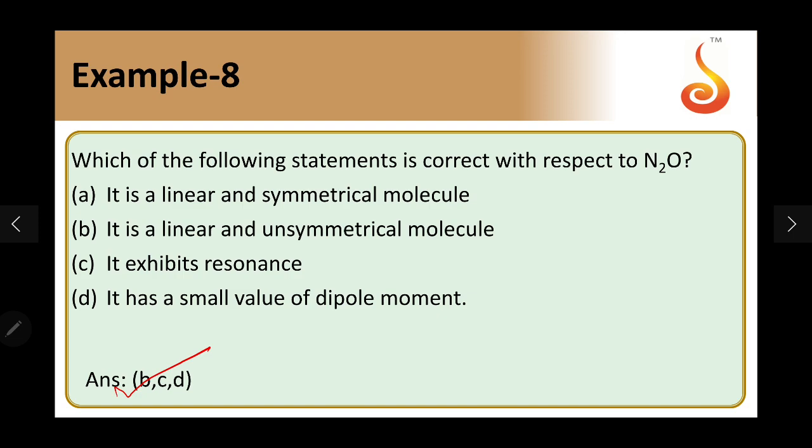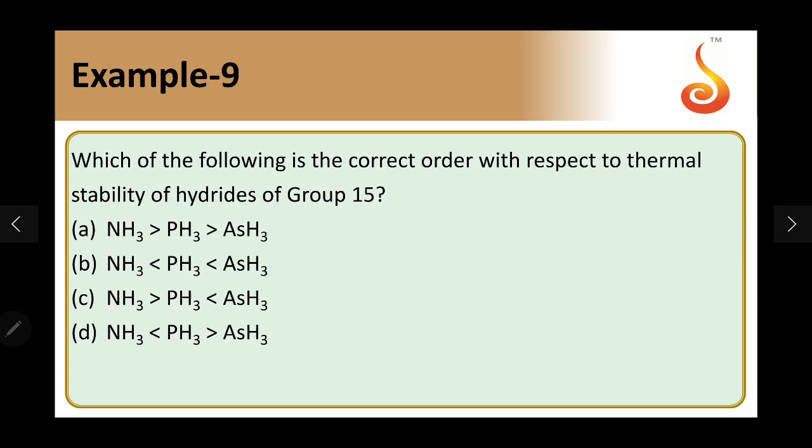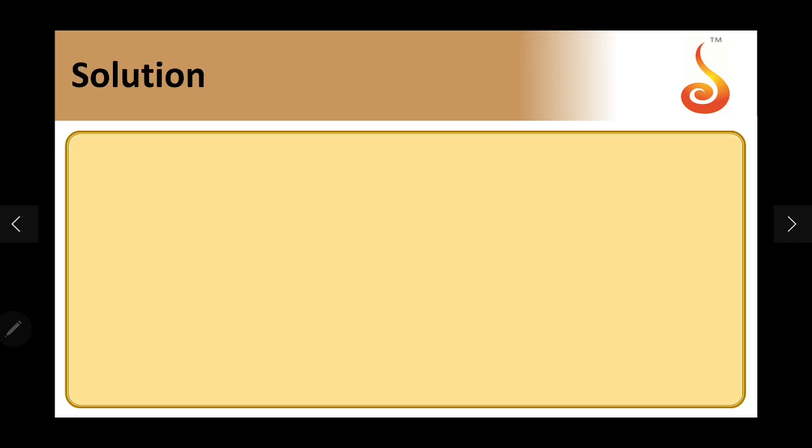Going to example 9. Which of the following is the correct order of thermal stability of hydrides of group 15? So NH3, PH3, AsH3 is given. We should know that the thermal stability of hydrides decreases as we go down the group.